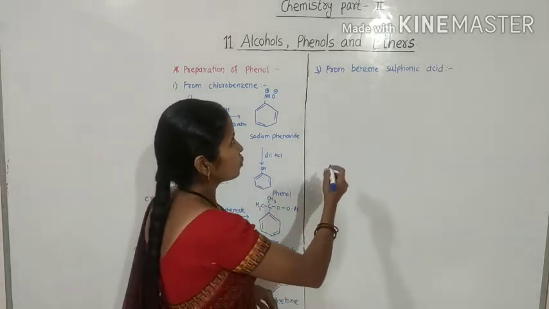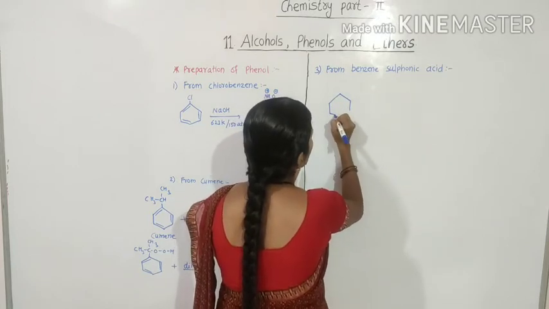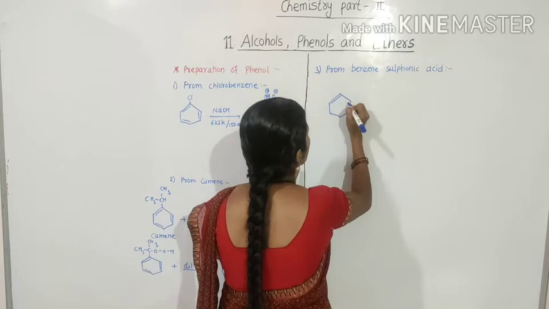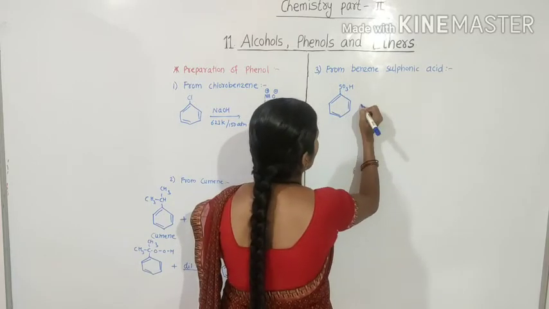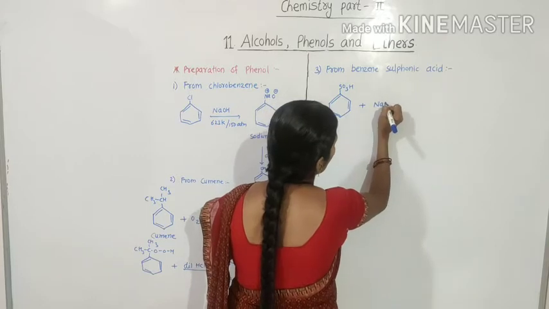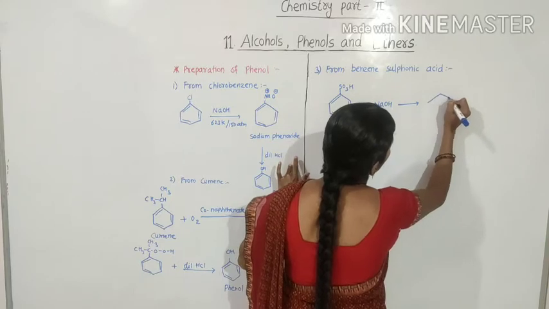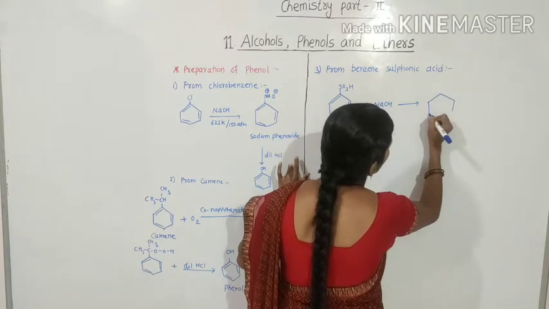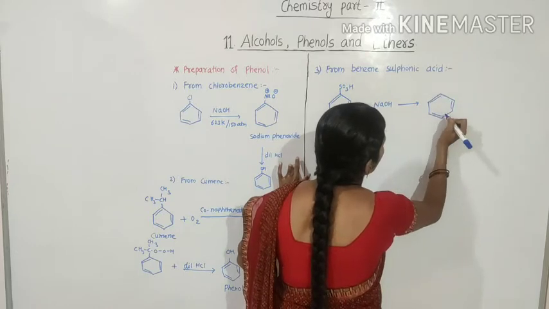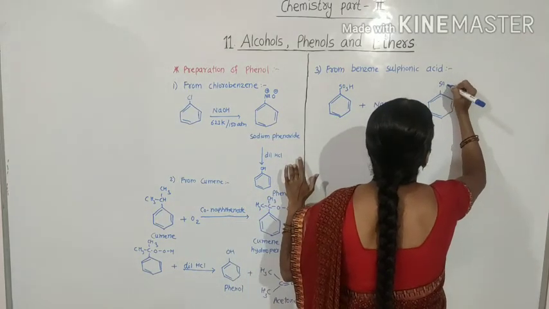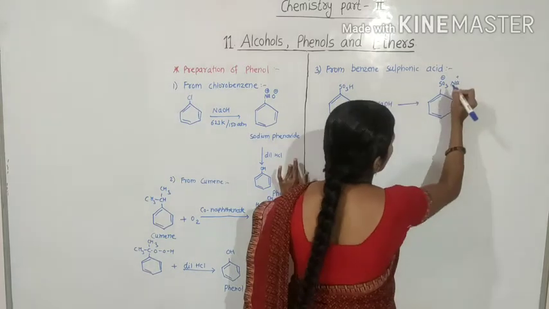Let's see the structure. Here benzene sulfonic acid, SO3H, with NaOH forms sodium benzene sulfonate, SO3 minus Na plus.